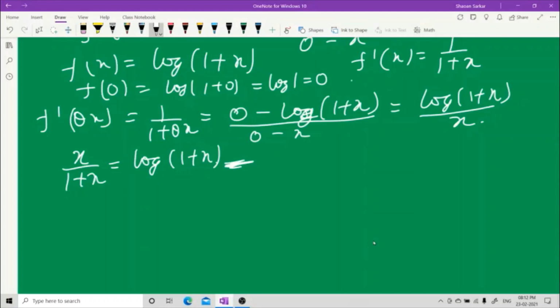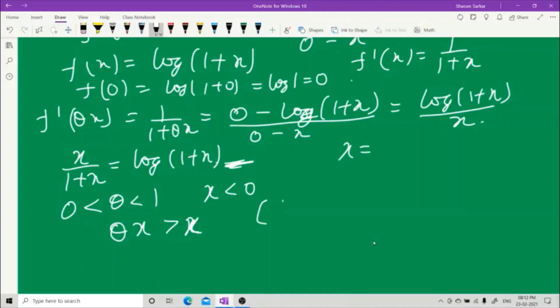Now the first thing is theta is in between 0 and 1 and x is given to be less than 0. Remember theta x is greater than x. Why? x is a number less than 0, greater than minus 1. See the example. Take x equal to minus 0.5 and take theta equal to 0.2. Now you multiply theta and x.